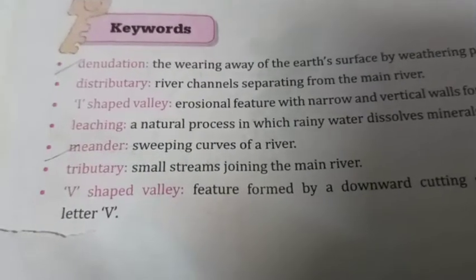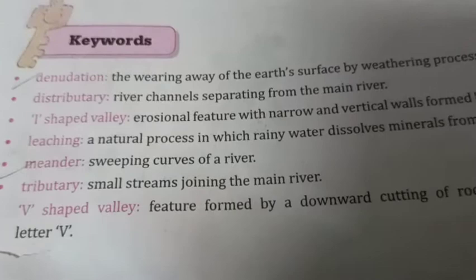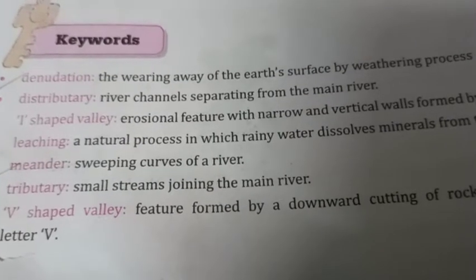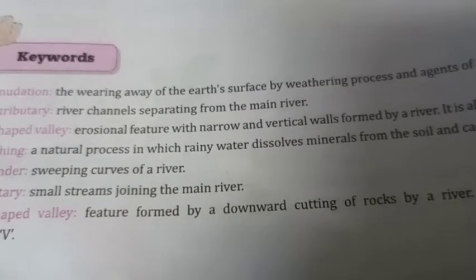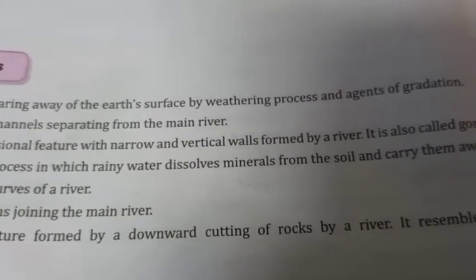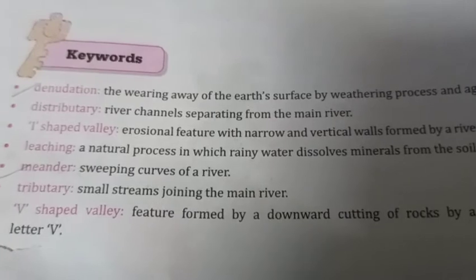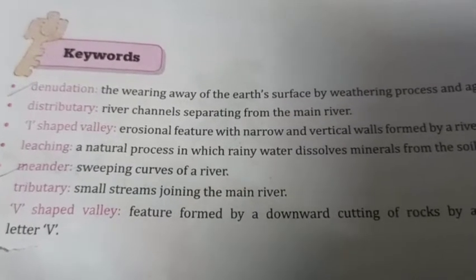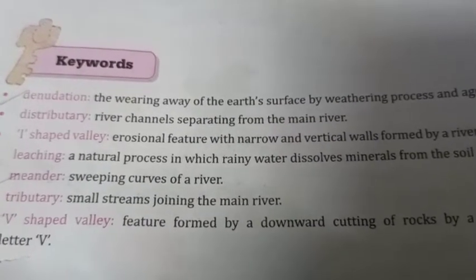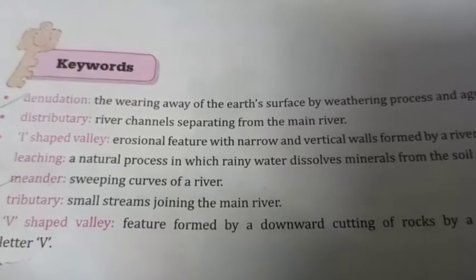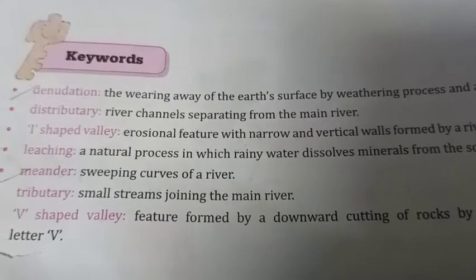Then comes leaching. It is a natural process in which rainwater dissolves minerals from the soil and carries them away. That is called leaching. Next word is meander. That is sweeping curves of a river. This feature is made by a river.